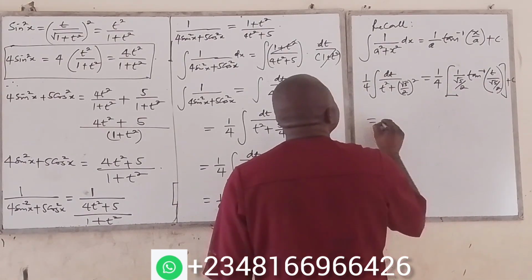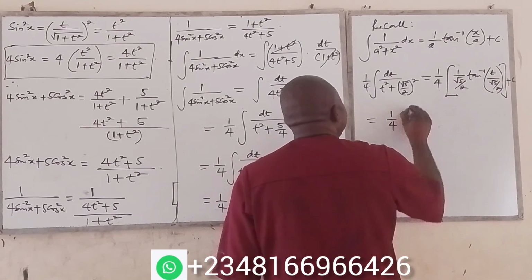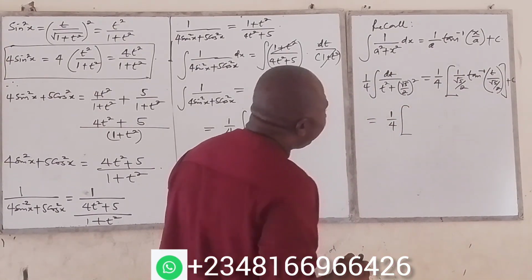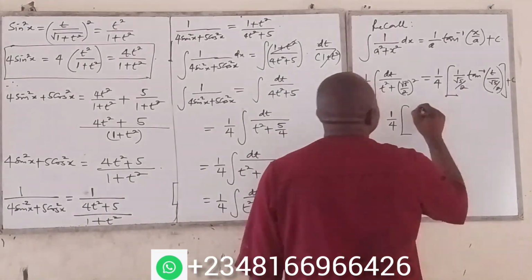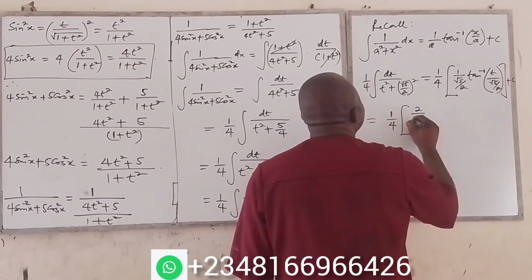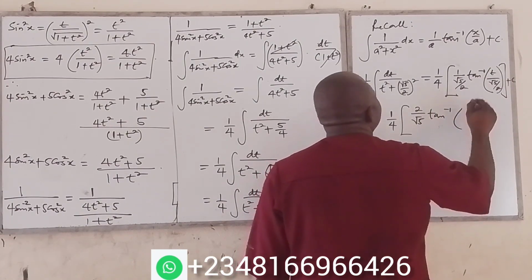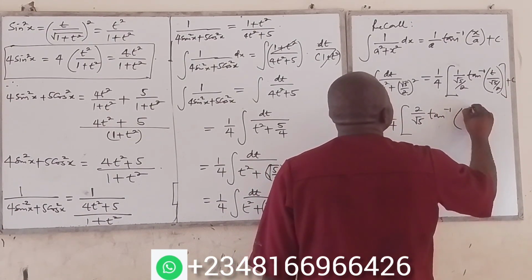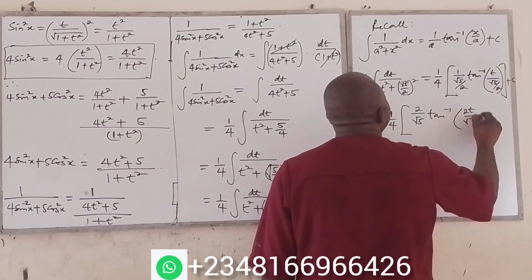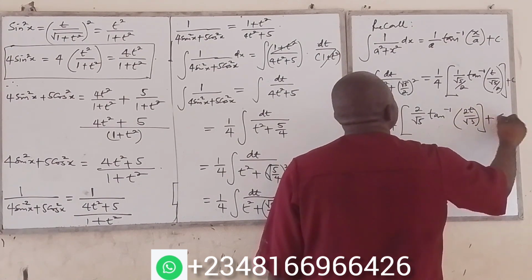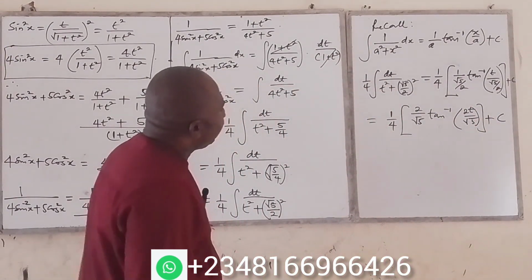It means the whole of this now will give us 1 all over 4. Now this is the same as saying 2 all over root 5, then here we have tan inverse of 2t all over root 5, then plus constant, plus c.